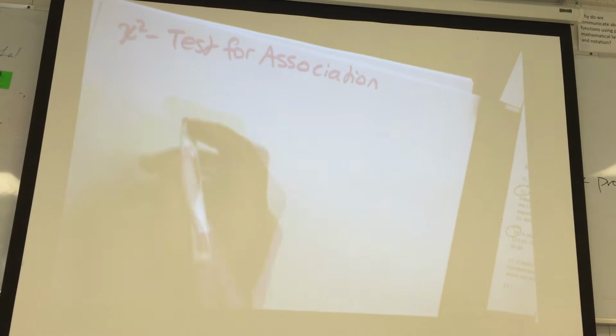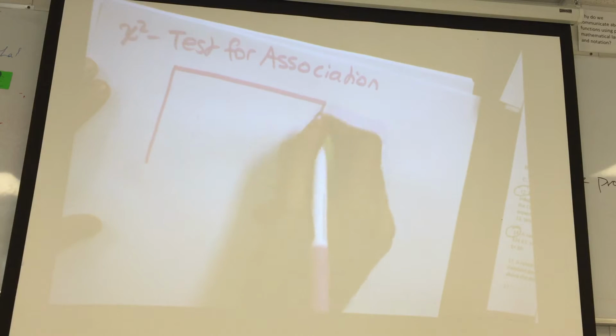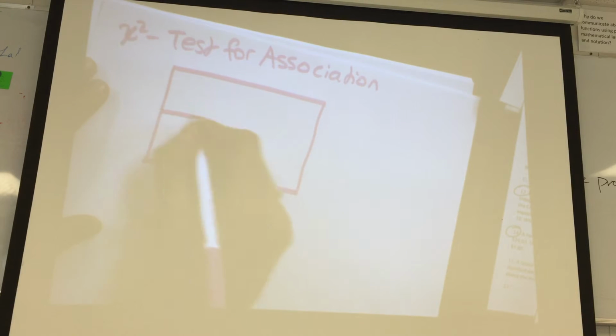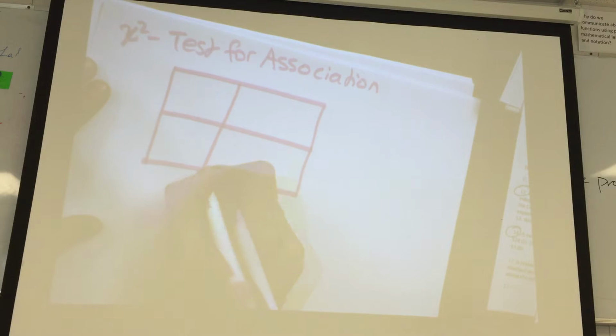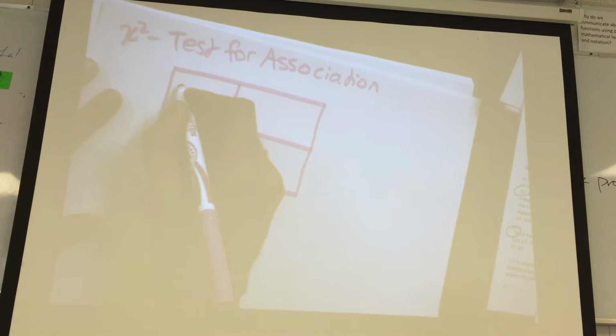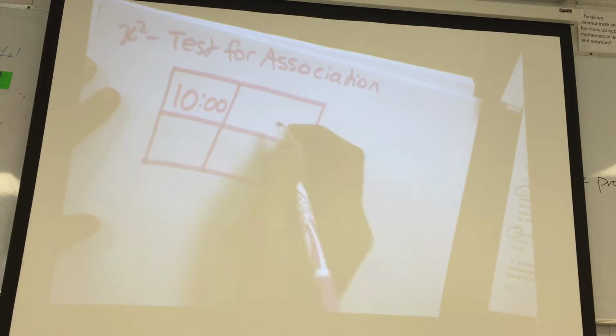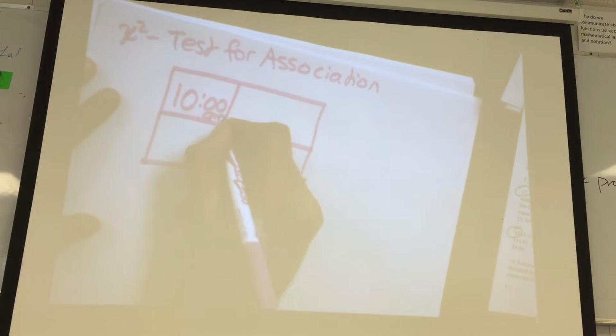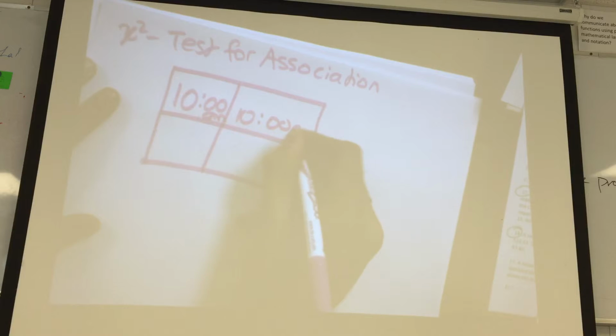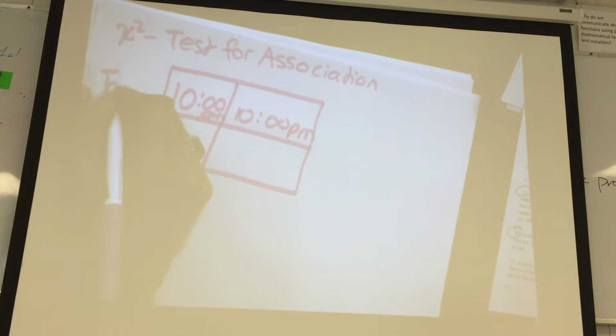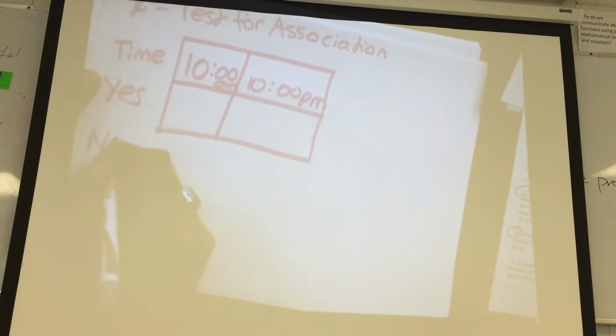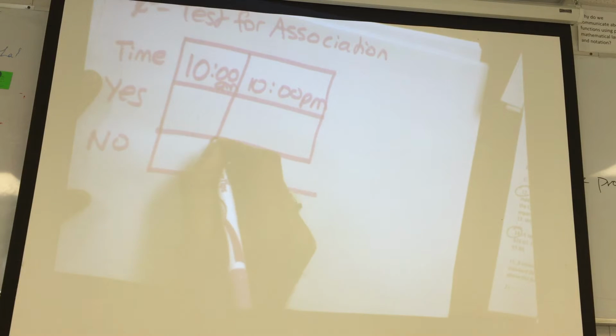And they made a matrix that looked like this. This said 10 a.m., 10 p.m. This is how I thought most people would do it. And then we have yeses and we have nos.